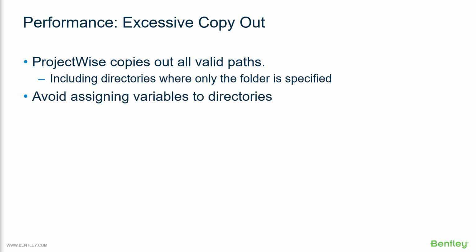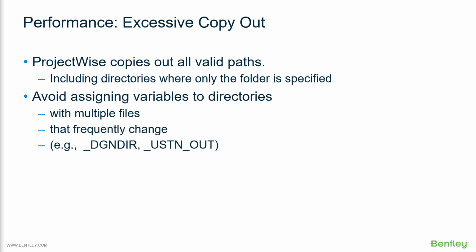Hence, to avoid excessive copy out, we need to pay close attention to variables which point to folders that contain files that frequently change. Two examples of this are _dgn_dir and ustnout. It should also be noted that any variables which utilize these variables will result in the files being copied out as well. How can this be prevented?